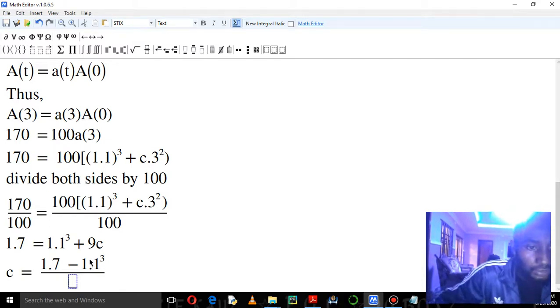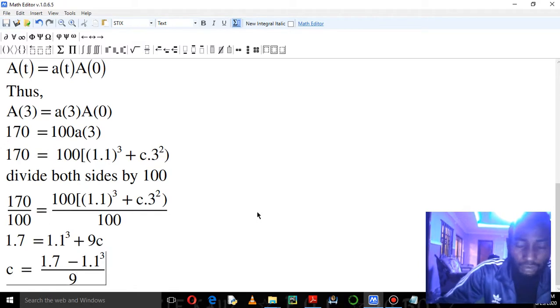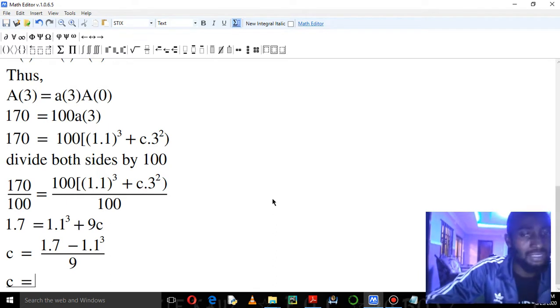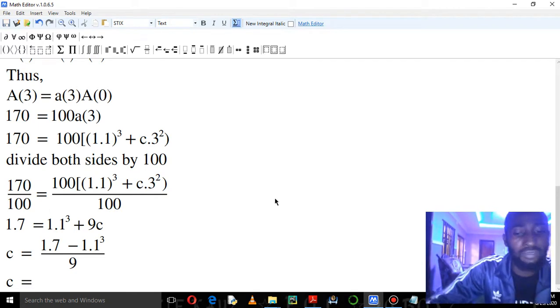So now we will remain with 9c, so if you divide both sides by 9, it will remain c, so this one will be over 9. You press your calculator, what will that give you? Our c equals 0.041.